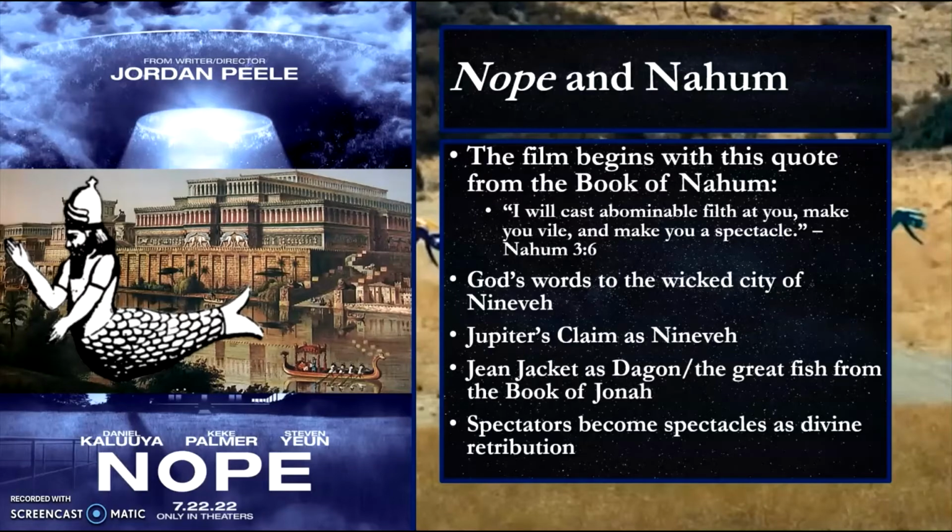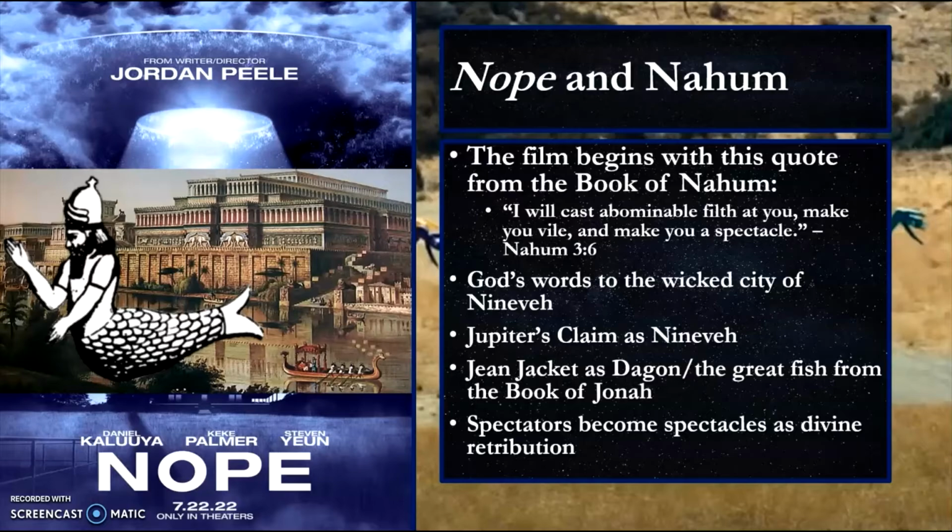And with them getting eaten by Jean Jacket, I can't help but recall the story of Jonah and the great fish, because Jonah is eaten sort of as a divine punishment for disobeying God, and in the same way, the people at Jupiter's Claim get eaten by a great fish in the sky, if you will, because of their transgression.